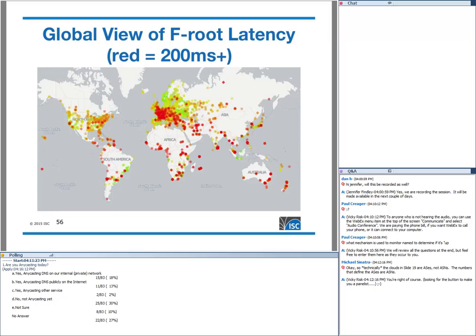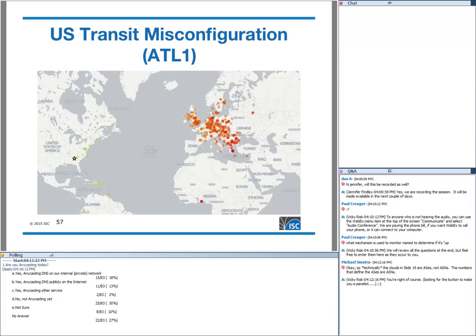Next slide, please. We looked into this further because there are a number of F-root nodes in that area appearing at very large internet exchange points. So ideally, there should be far fewer of these probing sites in the United States. In this case, what we found is a number of probes in Europe were hitting our F-root instance in Atlanta, Georgia, in the United States.